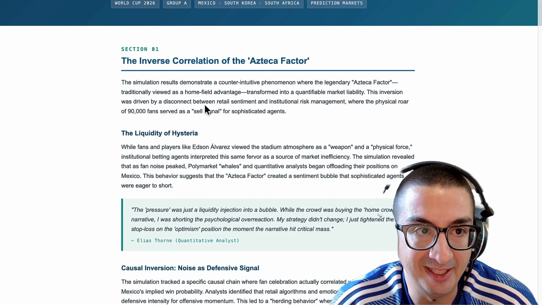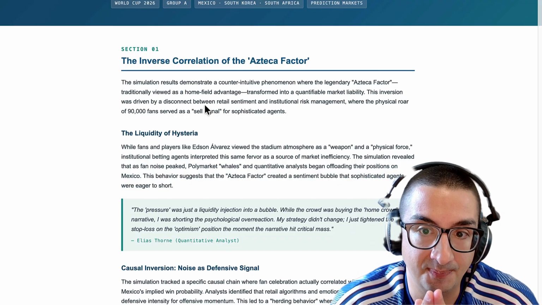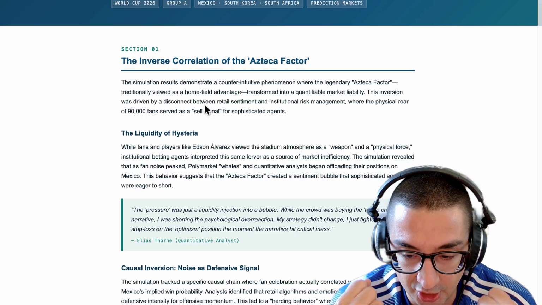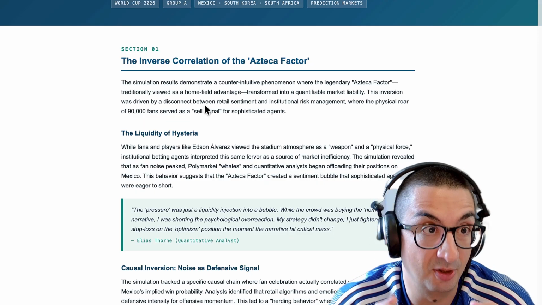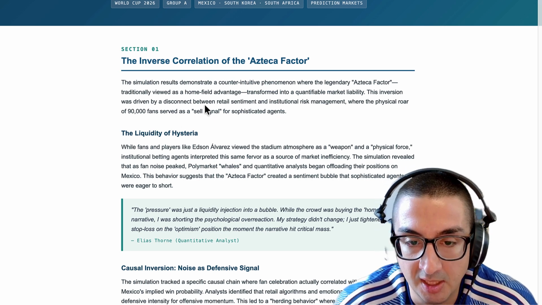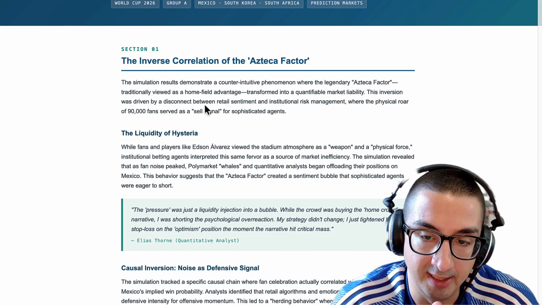Because it could take advantage of Mexico's home anxiety, and they could take advantage of Asian strong nerves and strong discipline.